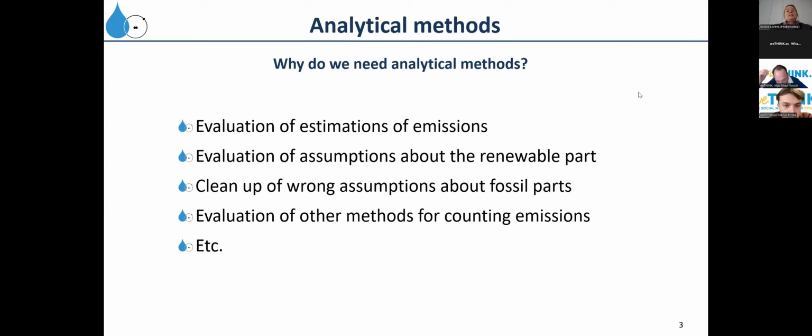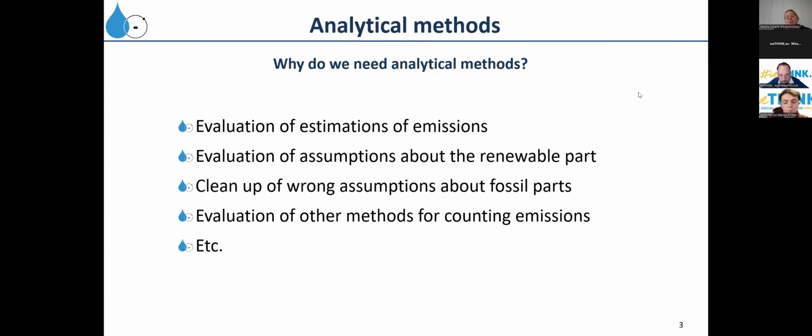Why do we need analytical methods? Because there are a lot of methods which are based on assumptions or on mass balances or something like that. But analytical methods are always useful for the evaluation of these estimations of emissions. They are valuable for the evaluation of your assumptions about the renewable part, which often are very wrong.